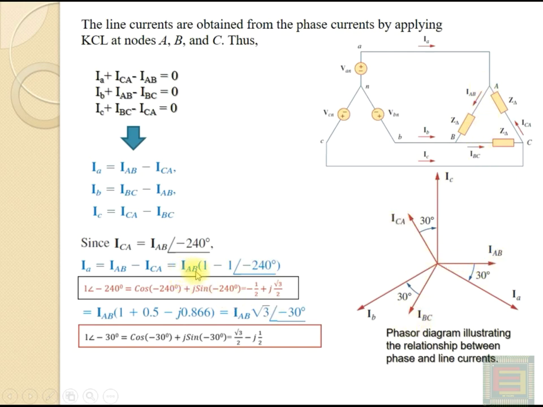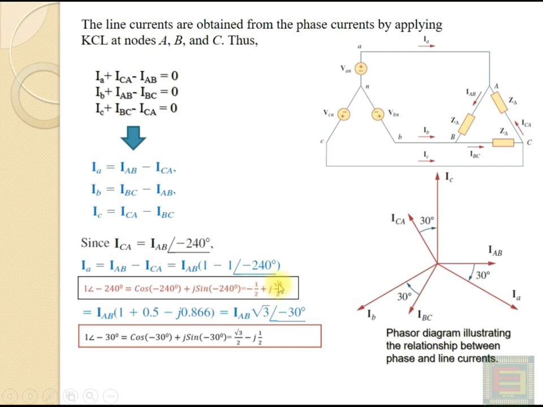So, you can take IAB outside, and inside the bracket you have 1 minus 1 angle minus 240 degrees, using this relation. Here 1 angle minus 240 degrees will be equal to cos minus 240 degrees plus j sin minus 240 degrees, which can be written like this.